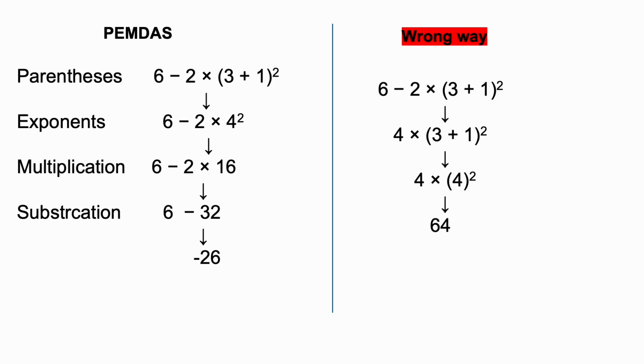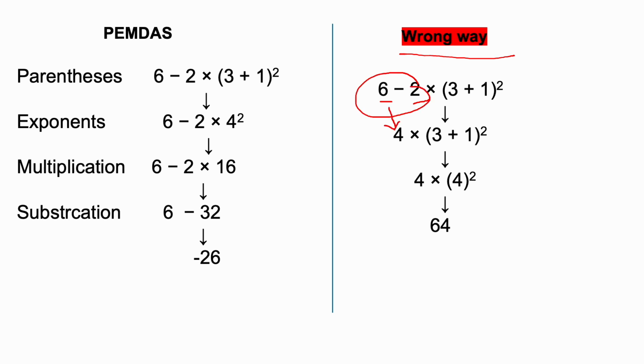On the other hand, if you don't follow the rule, you can make a mistake as shown here on the right hand side. Here I mistakenly subtracted 2 from 6 and did the rest of the operations later. So it was not as per the PEMDAS rule. I subtracted 2 from 6 before doing other operators, right?